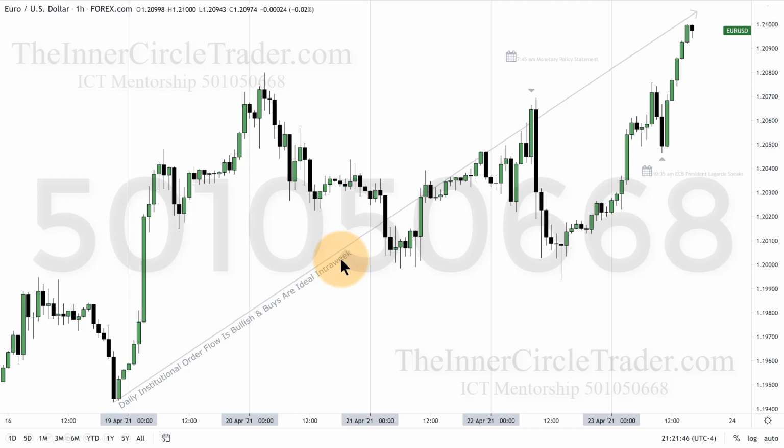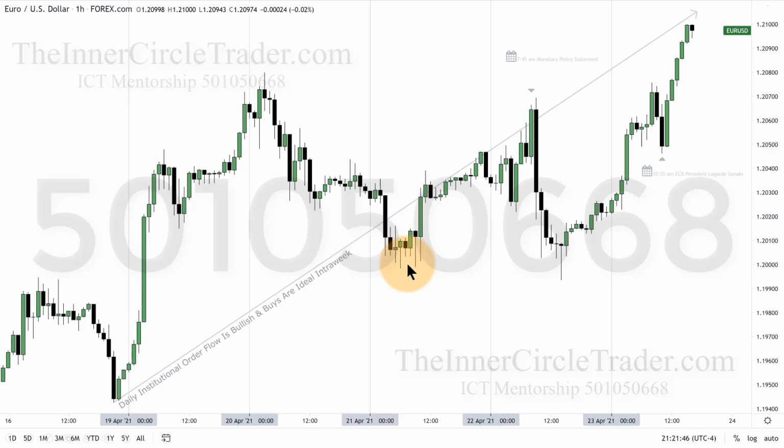Okay. On Monday, we see price doing what? Rallying higher. Tuesday, retracing. Wednesday, a little bit more retracement into this imbalance.